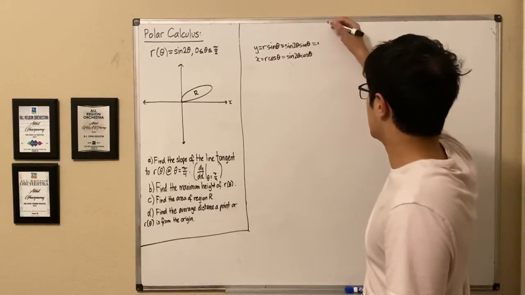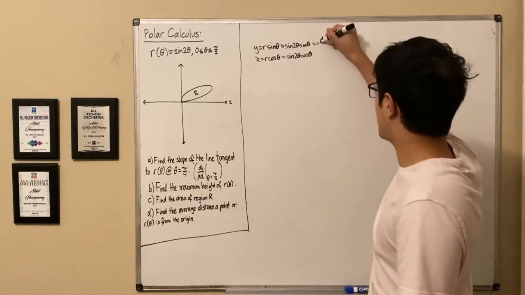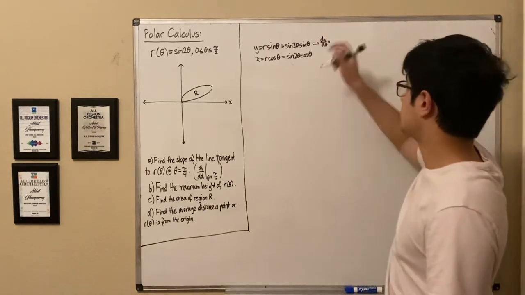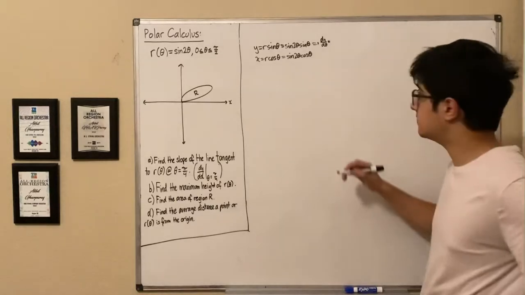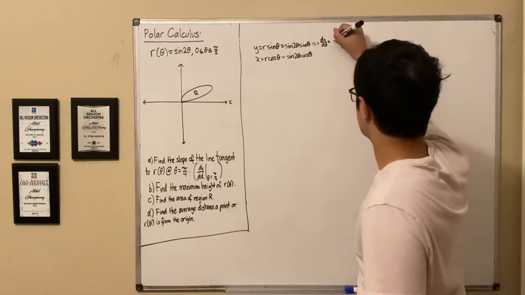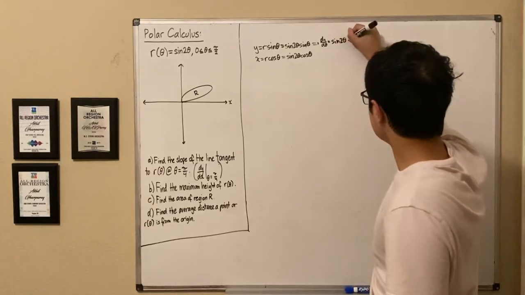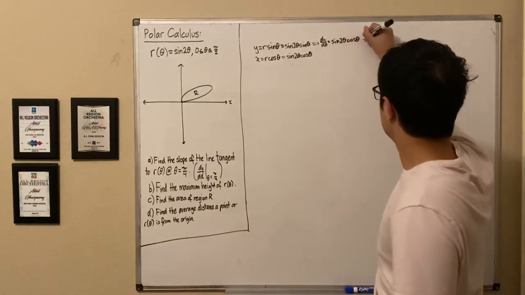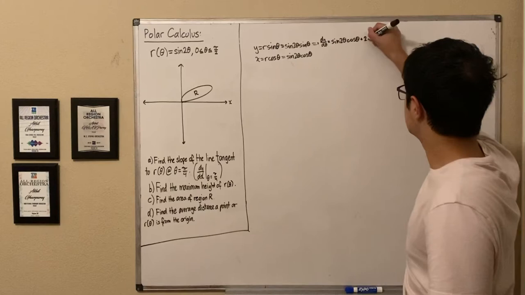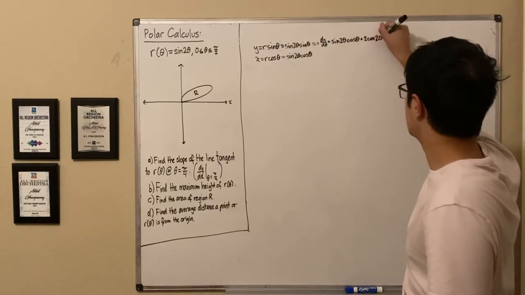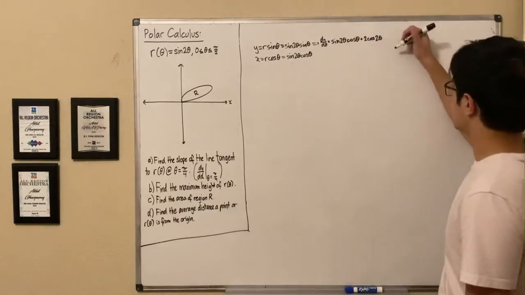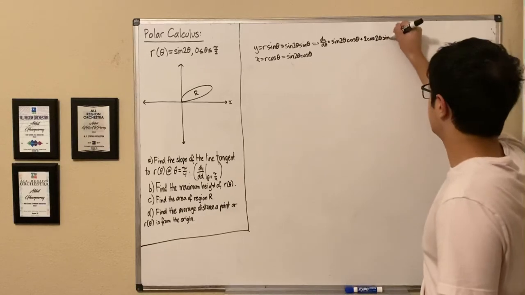By doing so, we get dy/d theta, and all we have to do is apply the product rule. So we get sine 2 theta cosine theta plus 2 cosine 2 theta, based on the chain rule, times sine theta.